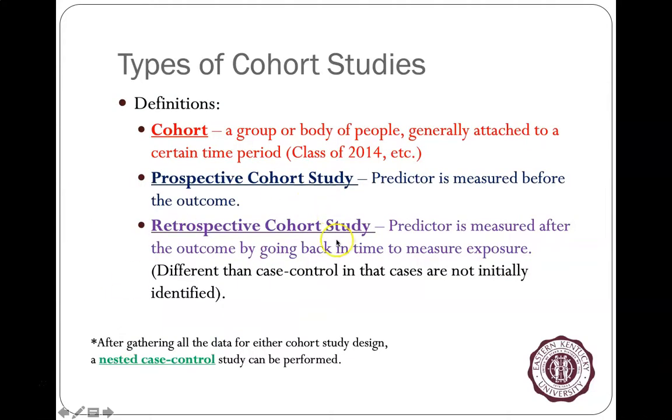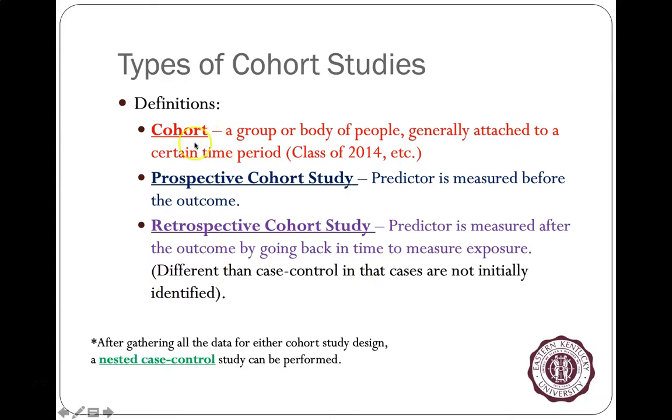In a retrospective cohort study, the time has already passed, but you can go back in time to know everybody in your study was healthy at a certain point in time. And this is different than the case control design in that you didn't initially seek out who the cases or the controls were. You just went back in time into a general population and then compared what happened to them based on some other exposure. So it's a little difference there.